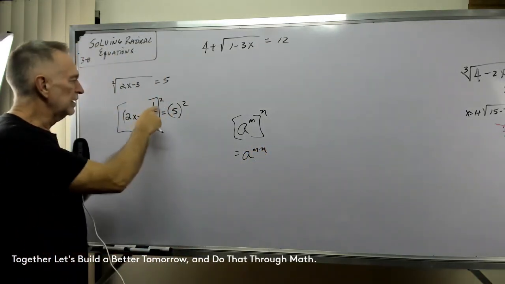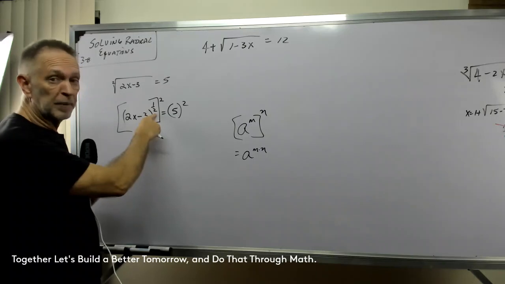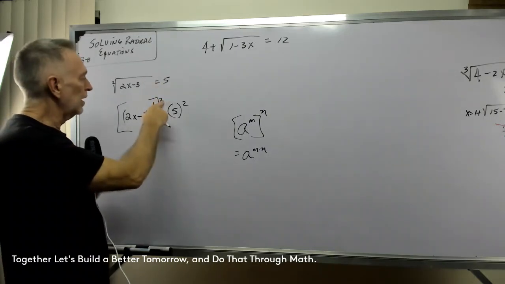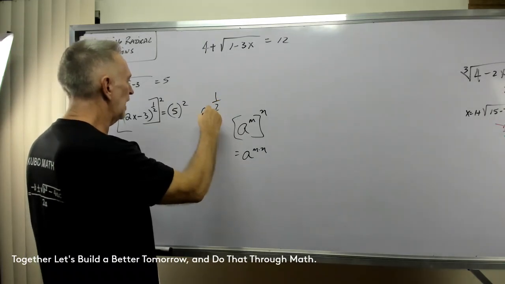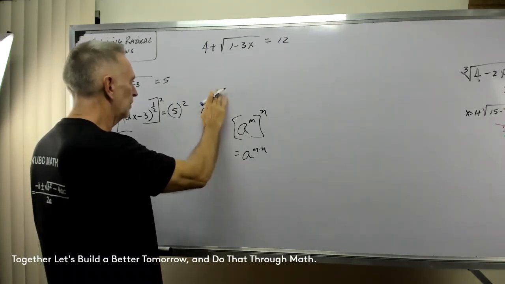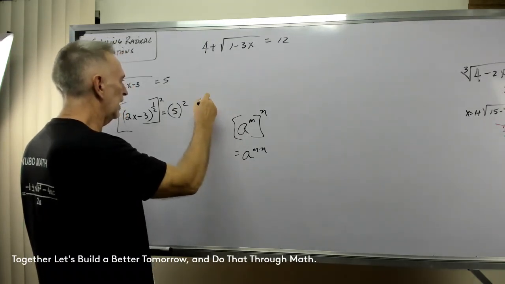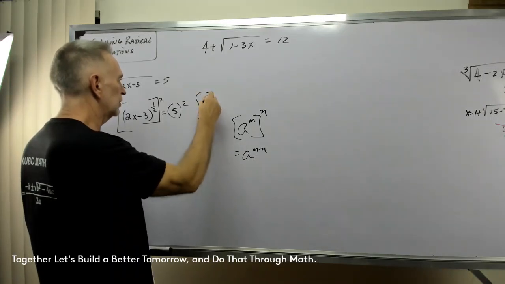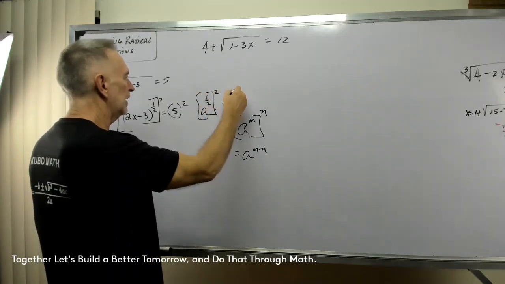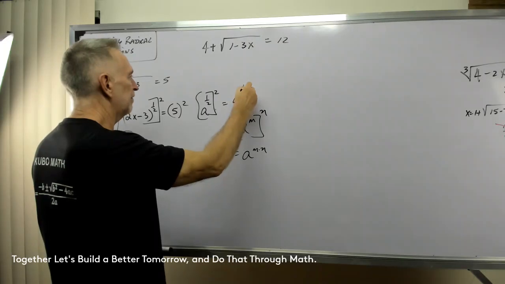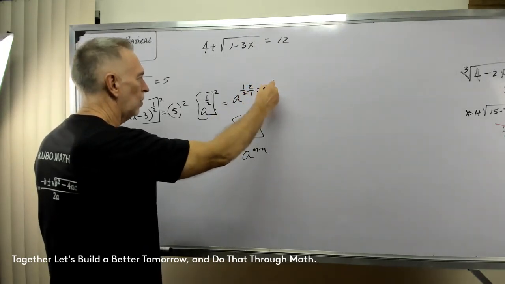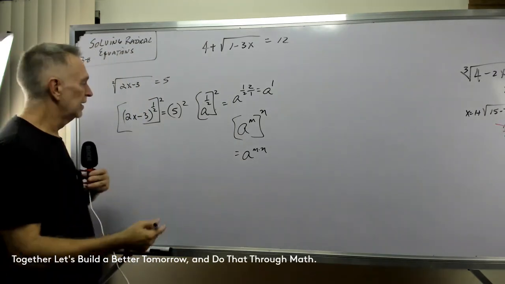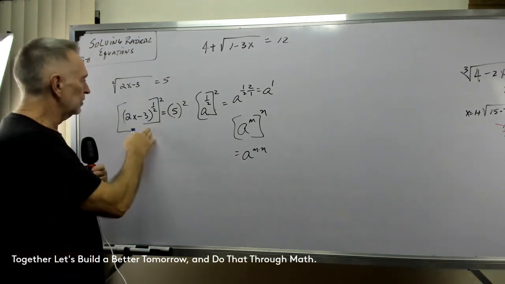So if I raise a to the 1/2 power and I square it, that's a to the 1/2 times 2 over 1. Well, that's a to the 1, or just a, which is exactly what's going to happen here.